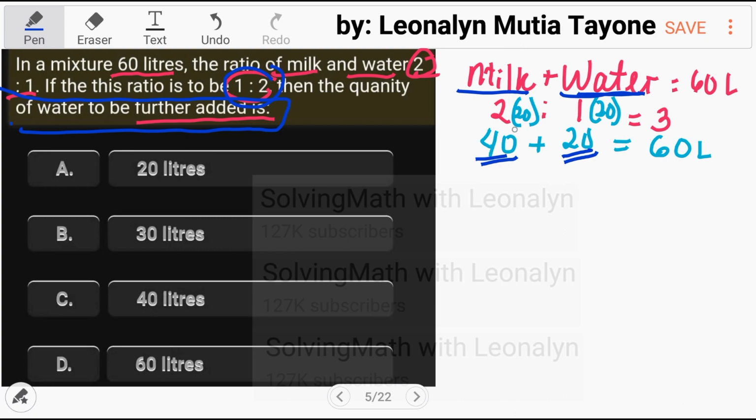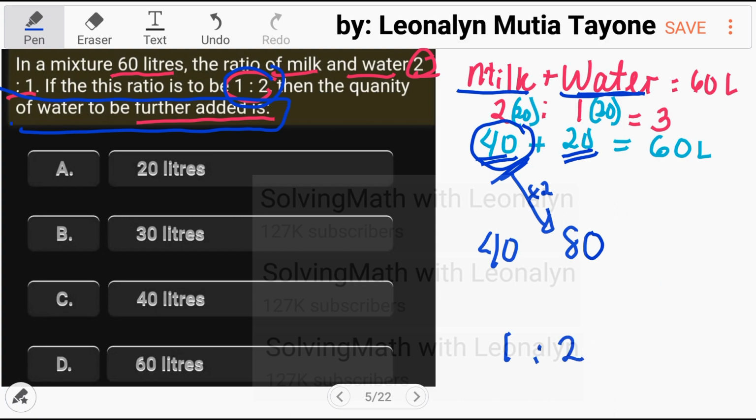Ilan ba yung milk natin? 40. Yang 40 na yan, doblehin natin yan siya. So 40 times 2, and that is equals to 80. Again, si milk dapat 40 pa rin. Kasi nga, water lang ang idagdag natin para maging 1:2 yung bagong ratio.